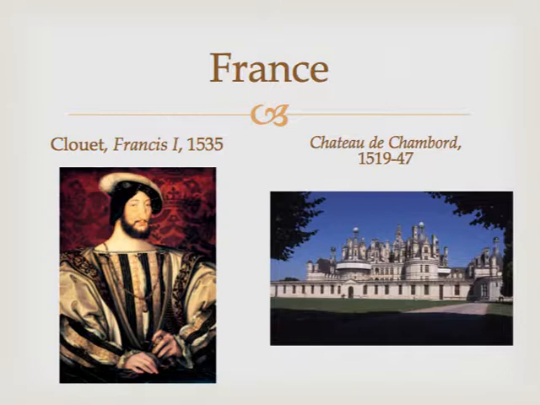Chambord became the model of other fantastic Renaissance type palaces, in the same way that Louis XIV's Versailles will become the palace which will be replicated throughout much of Europe in the late 17th and 18th century. But we don't quite know. It's disputed as to who the architect was for Chambord, and there were several different architects over time.